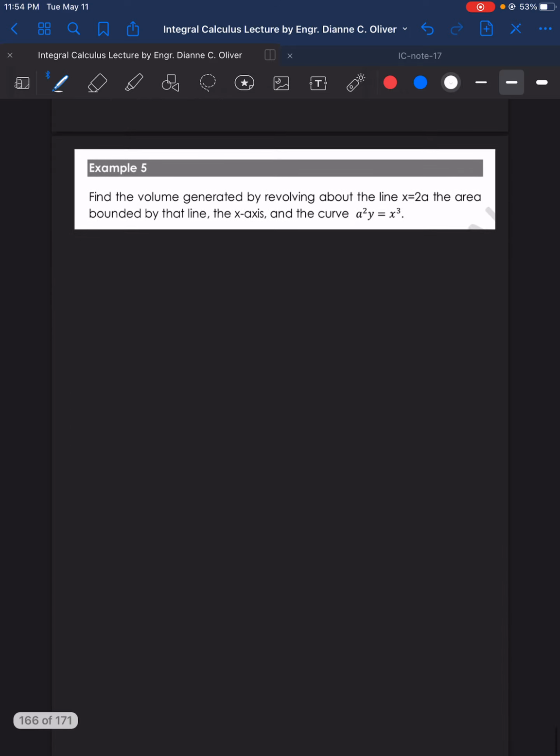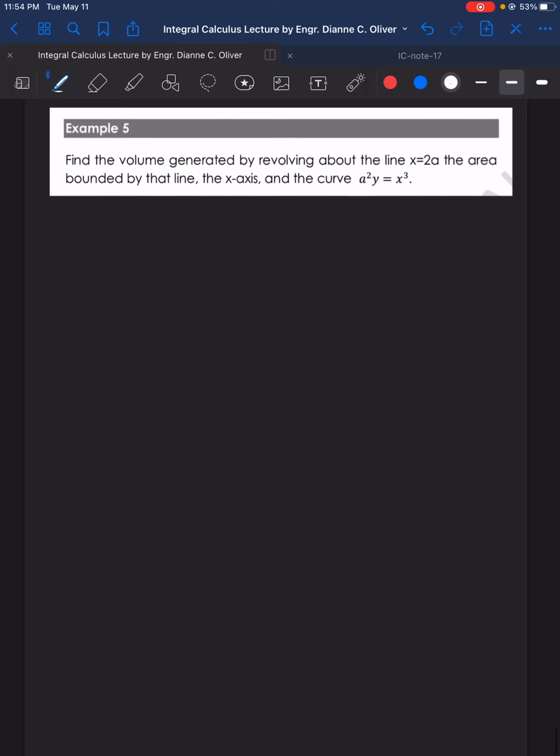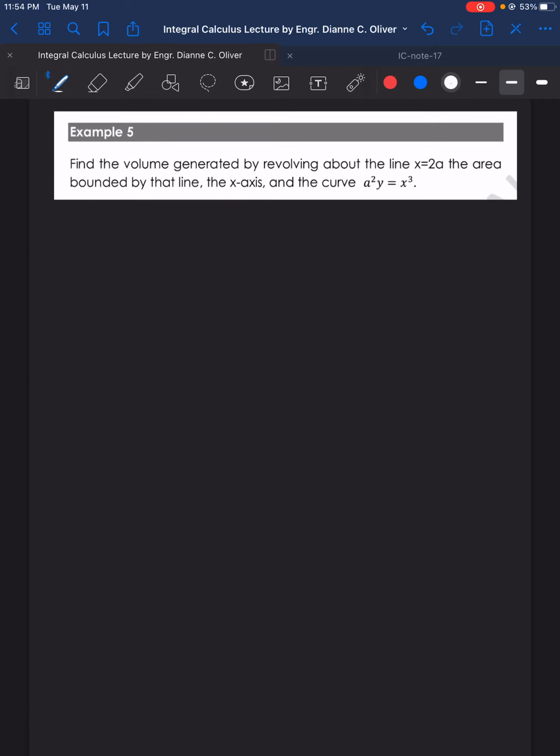Let's go to number 5. Find the volume generated by revolving about the line x is equal to 2a, the area bounded by that line, the x-axis, and the curve a squared y is equal to x raised to 3. Again, let's sketch the curve.